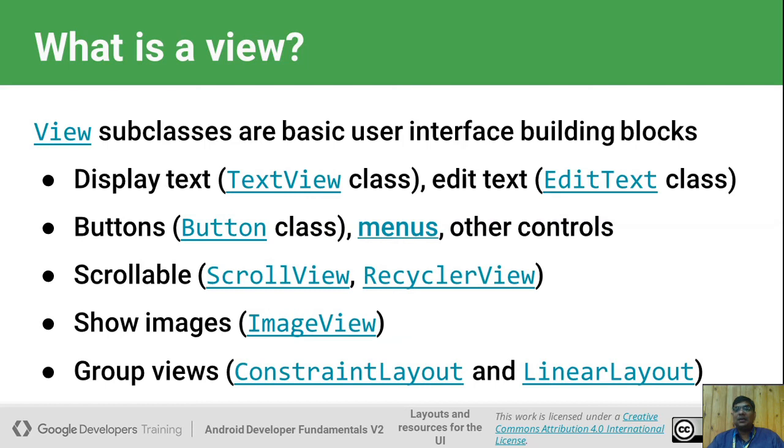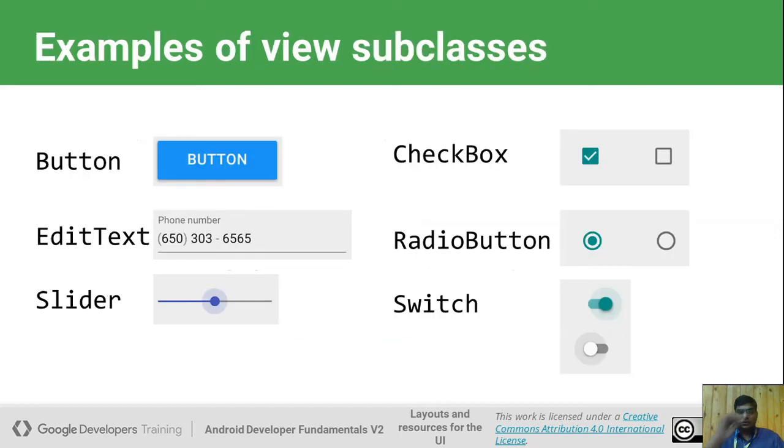That combination view is called a view group. There are many view groups; the main ones are constraint layout, relative layout, and linear layout. We discuss them later in this lecture. So those are the views: button, EditText, slider, checkbox, radio button, and switch on/off.